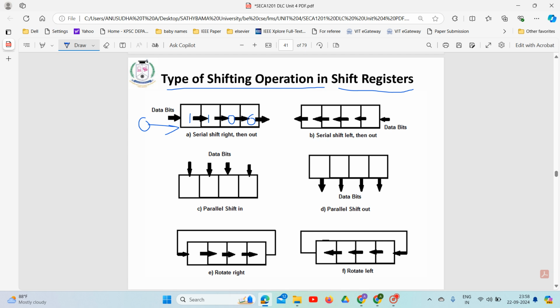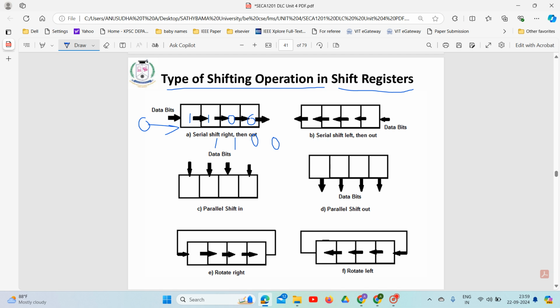The MSB bit of the first flip-flop is shifted to the right. Then the second flip-flop output is shifted to the third flip-flop, the third flip-flop output is shifted to the next flip-flop, and the last flip-flop output is the result out.